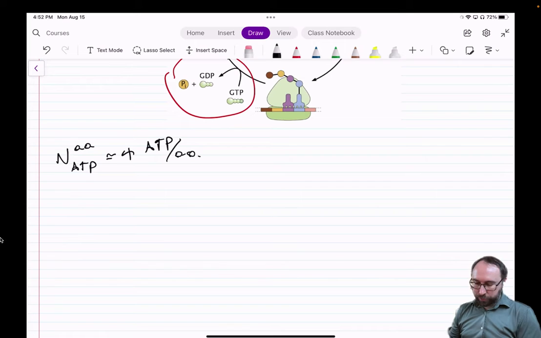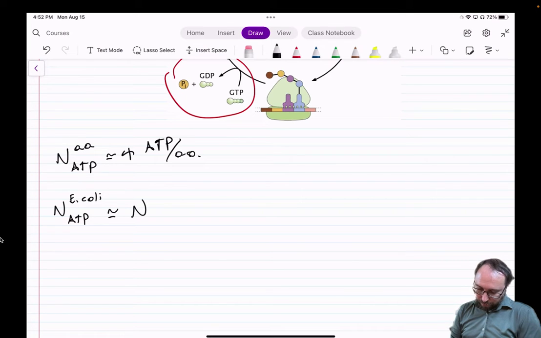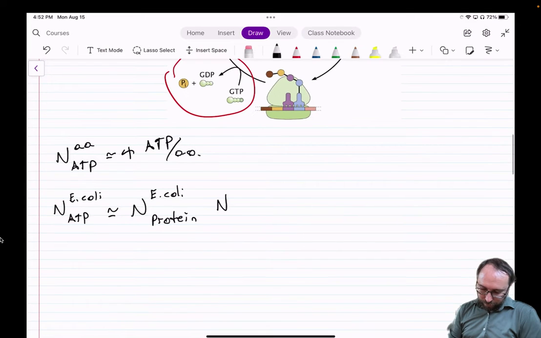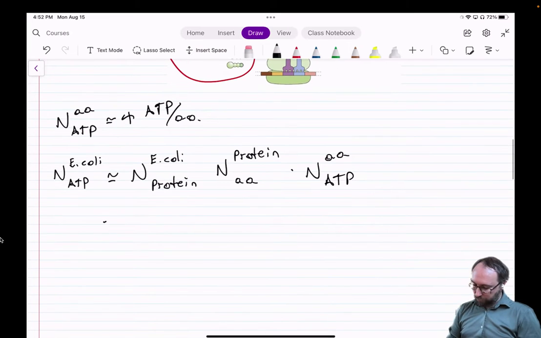Okay, so what's the number of ATP that I need for all of E. coli in this case? Well, we already know the number of proteins in E. coli. We know the number of amino acids per protein, and we just figure out the number of ATPs per amino acid, right? So if you remember, the number of proteins in E. coli is on the order of 3 times 10 to the 6 proteins.